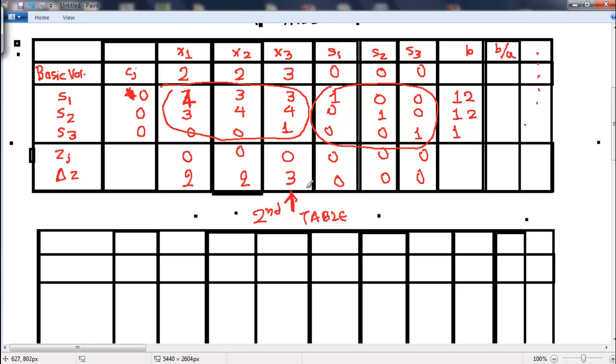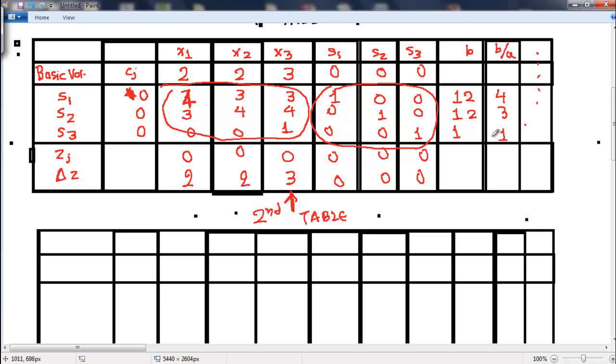Now the next part is b over a, so I have to divide b by the corresponding elements. A are the elements of this column, and only these three elements. So 12 divided by 3 is 4, 12 divided by 4 is 3, and 1 divided by 1 is 1.